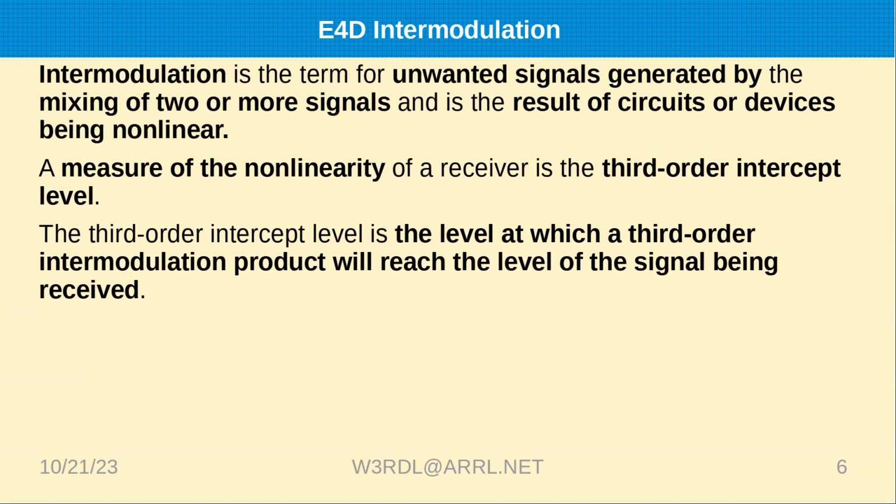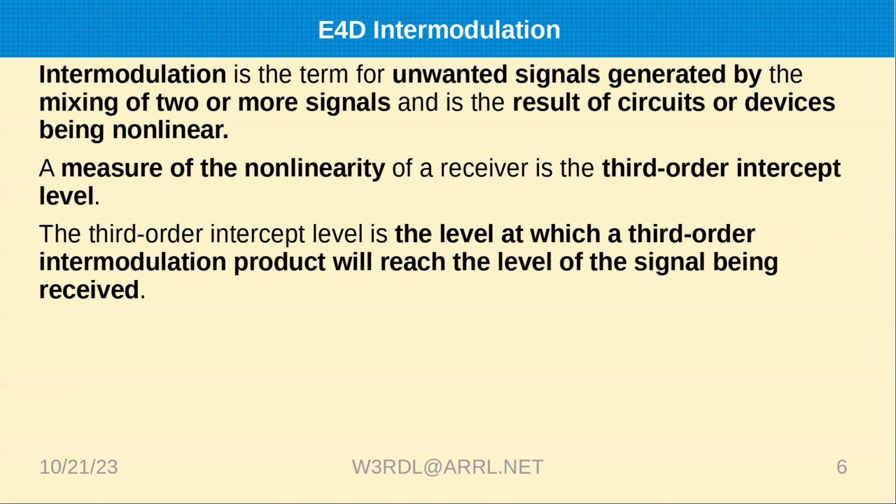And for two reasons. One is the thing they call third order intercept. And then the other has to do with how close the third order components are to your reference signal.